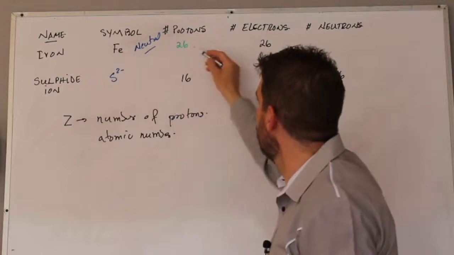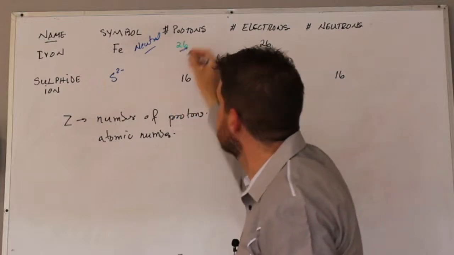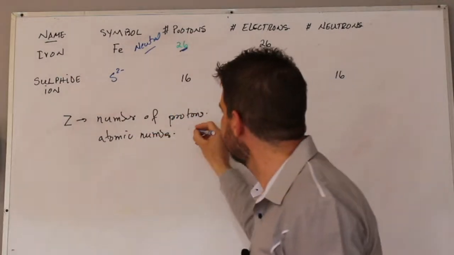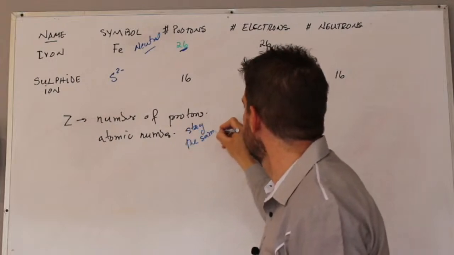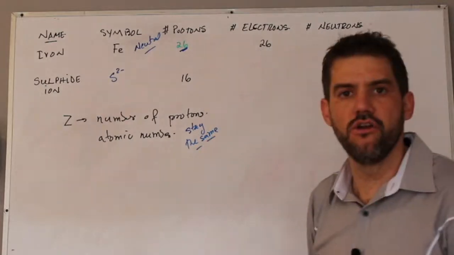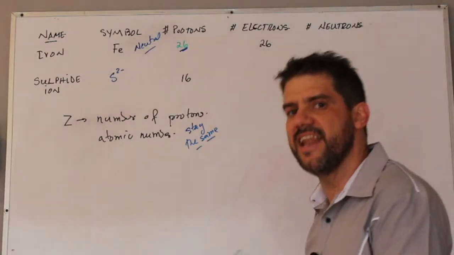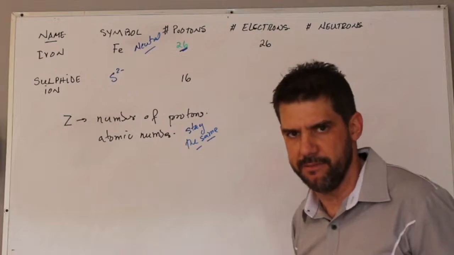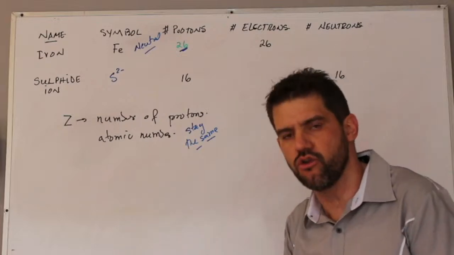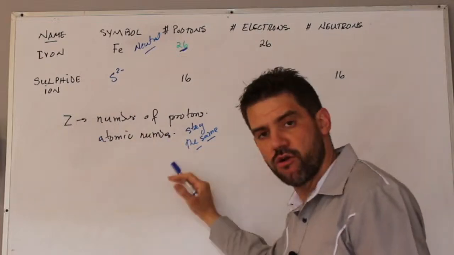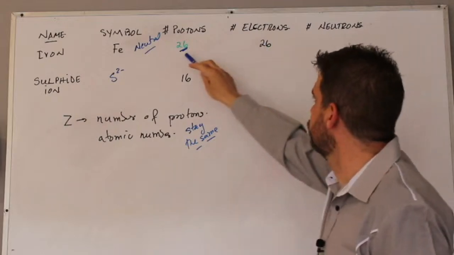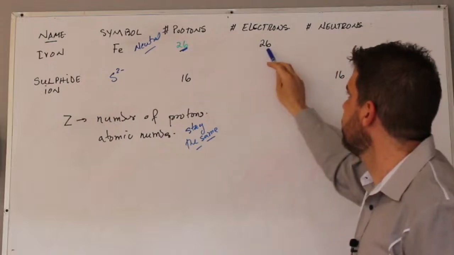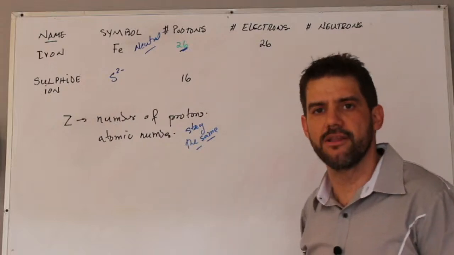In this case, the number of protons is 26, and note the following. This one stays the same. You cannot change the number of protons. Only the electrons are going to be transferred, or the atoms can lose or gain electrons. The number of protons stays the same. All right, so electrons is 26.